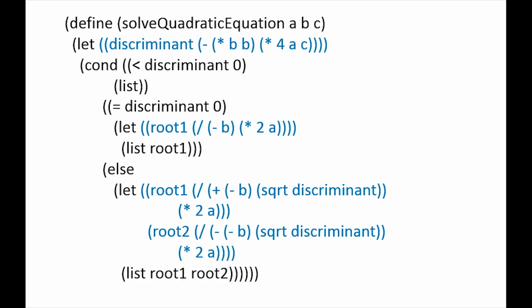So we see it here at the blue spots. We have name bindings in name binding constructs. Here I just use let, so we bind discriminant, root 1, and root 2 here. So whenever it is just about a name binding, where we quite often use assignments in imperative programming, there's no problems.